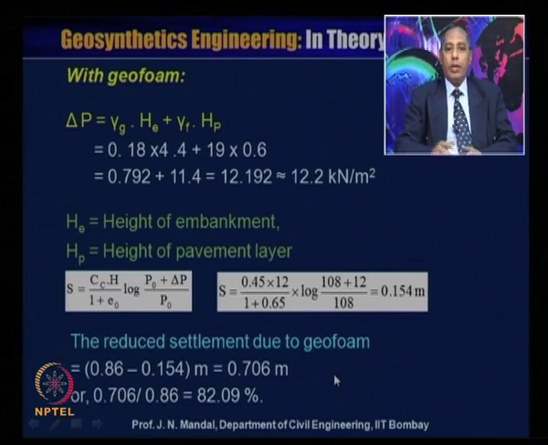So the reduced settlement due to the application of geofoam will be 0.86 minus 0.154 meter, that means 0.706 meter, or you can say the reduction in settlement due to the geofoam is 0.706 divided by 0.86, which is equal to 82.09 percent.